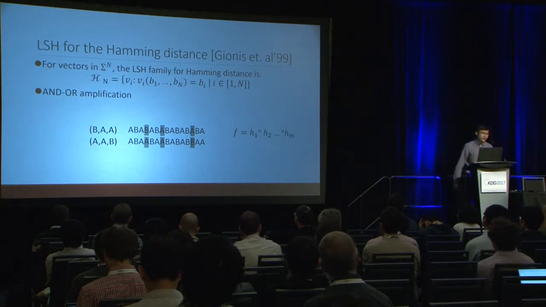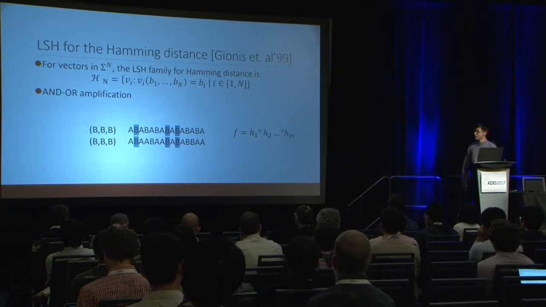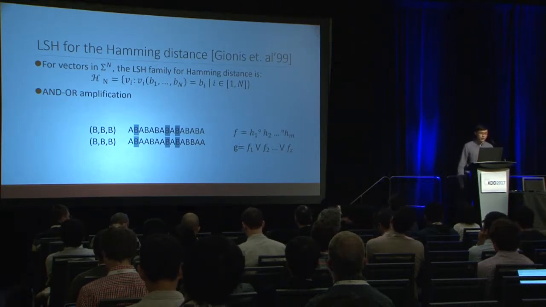For the second string it is AAB, so they are not matched under this hash function. And we can choose multiple such hash functions. In this case, they share a signature BBB. So we choose such hash functions, and two strings are considered to be matched if they share at least one signature under a hash function.